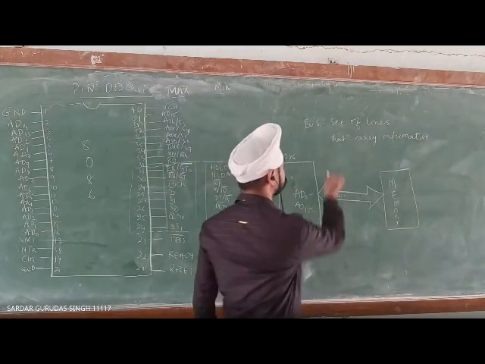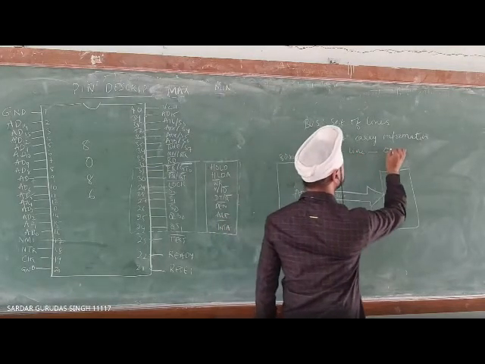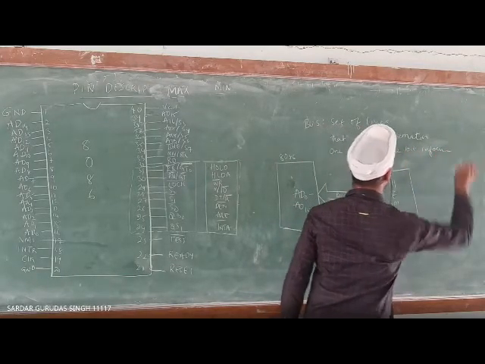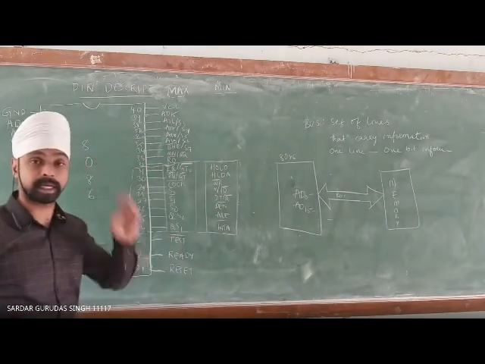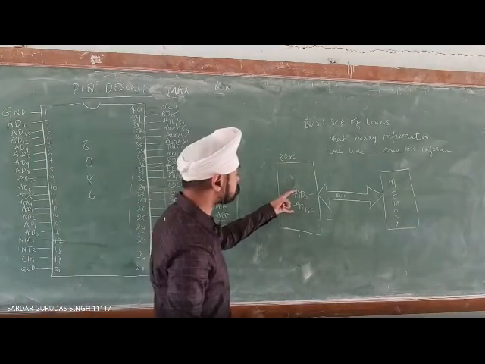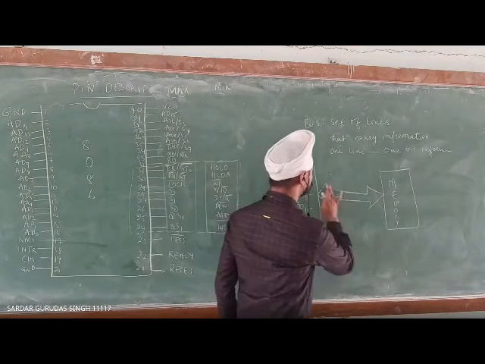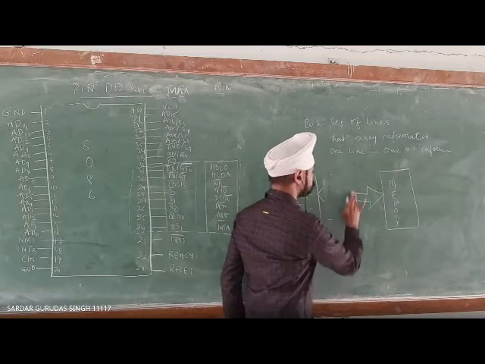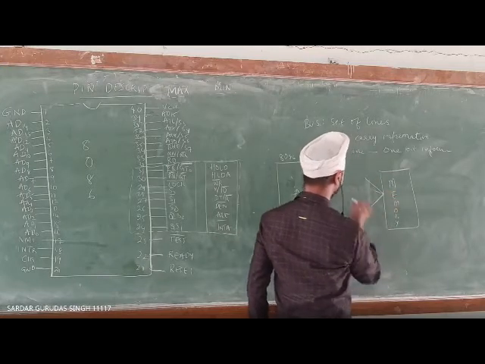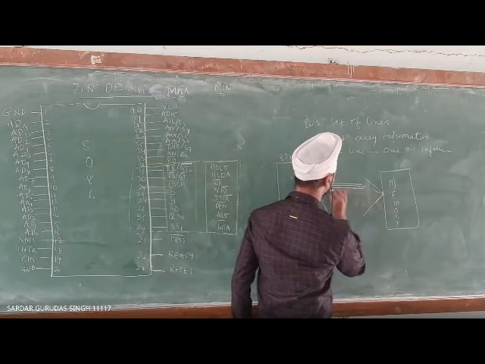It means one line carries one bit of information. One bit of information in the sense either it can carry a 0 on that line or a 1 on that line. So how many lines are there in this bus now?